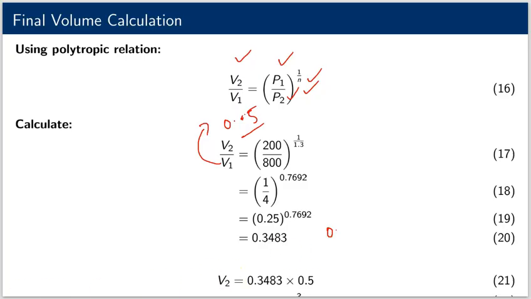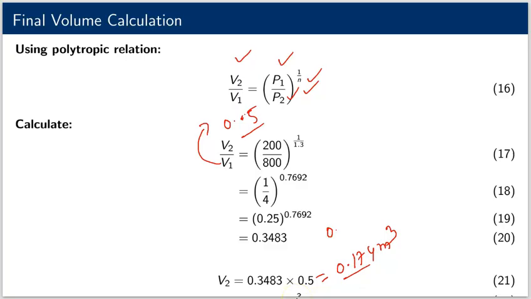We have to calculate that, and if you do the calculation, we get the final volume 0.174 meter cube. So it will be going down.